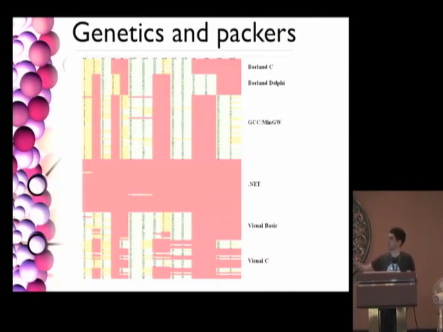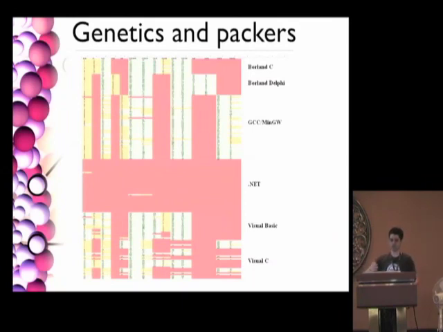Green is an indicator of a high presence of that pattern. Orange is not zero, but really few hits. And red is completely zero, no presence of that pattern.